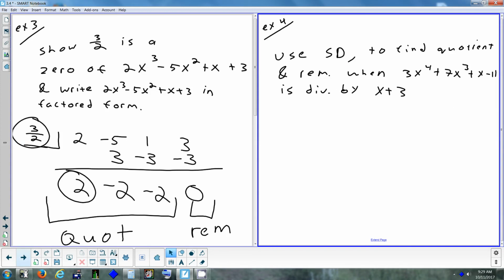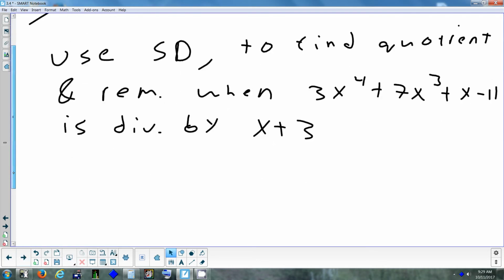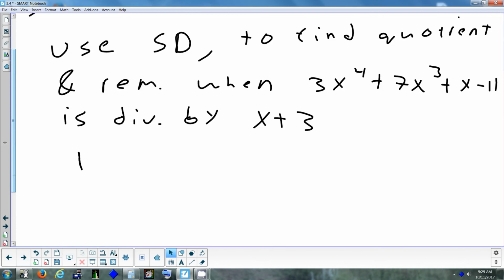Right, let's use synthetic division again to find the quotient and remainder when I do this problem: 3x to the 4th plus 7x cubed plus x minus 11, and I'm dividing by x plus 3. First, can someone tell me what number I would put on the outside of my bracket? Shauna?